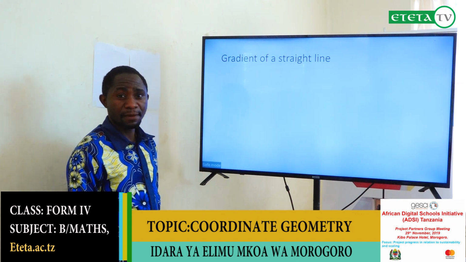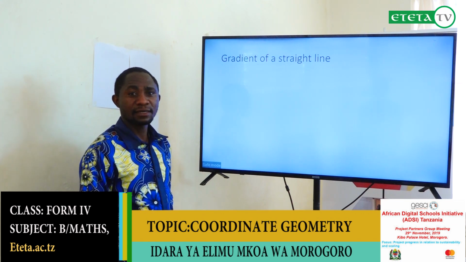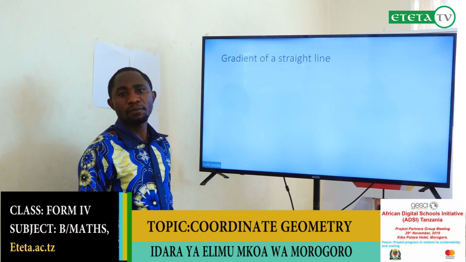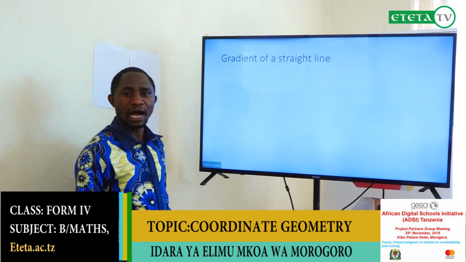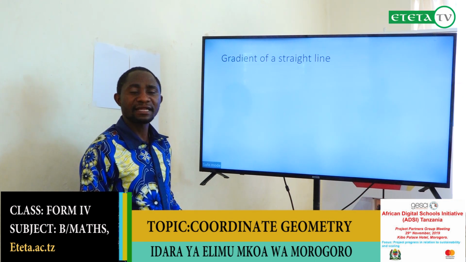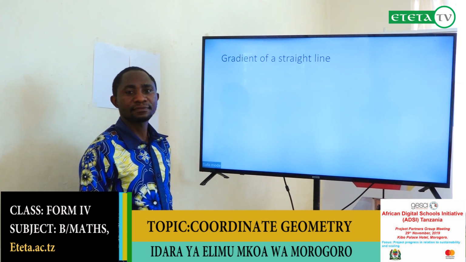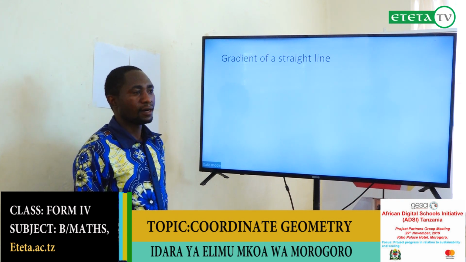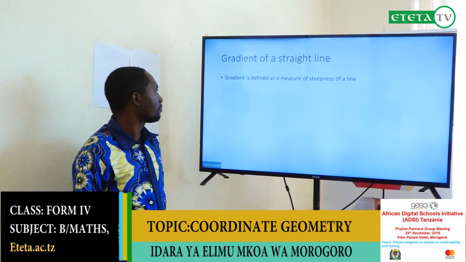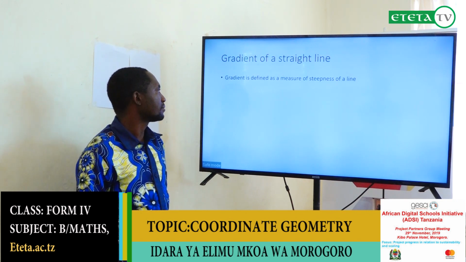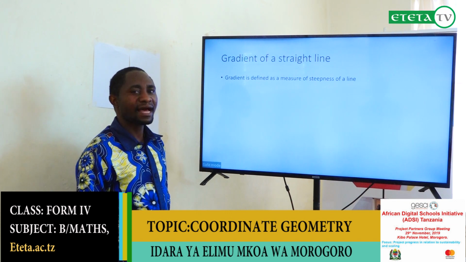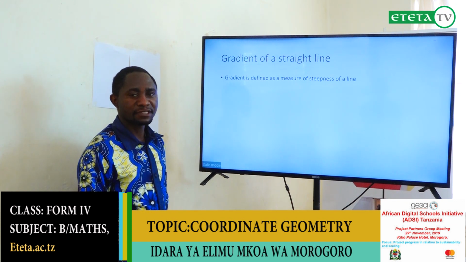But if you do remember, gradient is the measure of steepness of the slope, how steep or gentle the slope of the line is. That is the definition of a gradient: measure of steepness of a line.